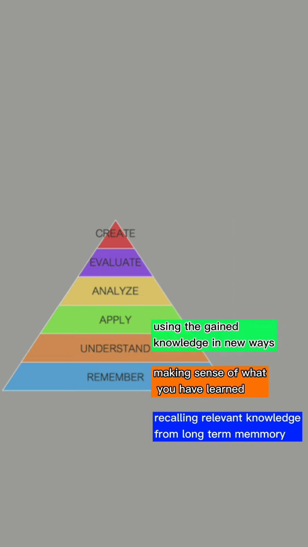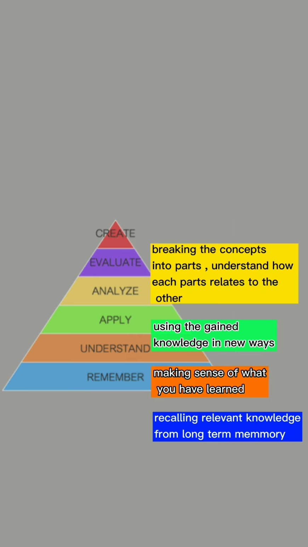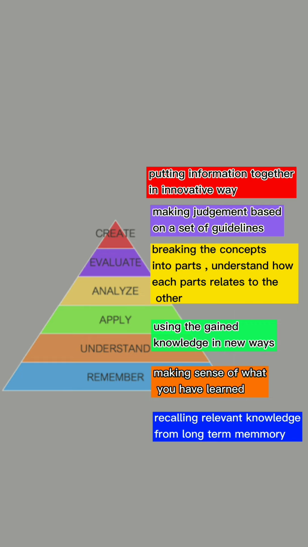Applying means using the gained knowledge in new ways. Analyzing means breaking the concept into parts and understanding how each of its parts is related to the others. Evaluating means making judgments based on a set of guidelines. And the highest level of thinking, create, means putting information together in an innovative way.